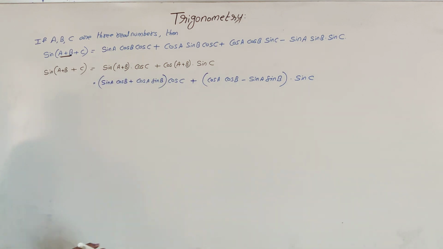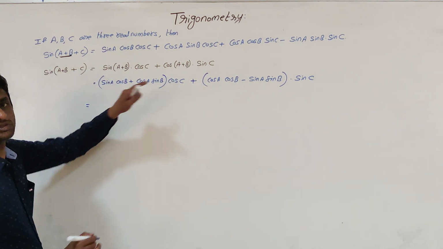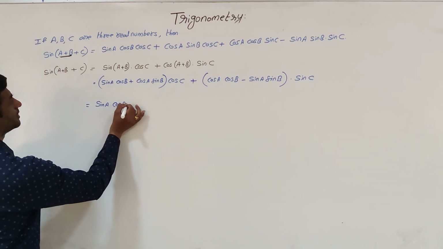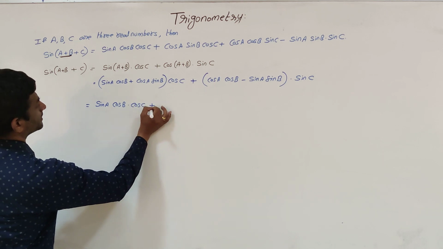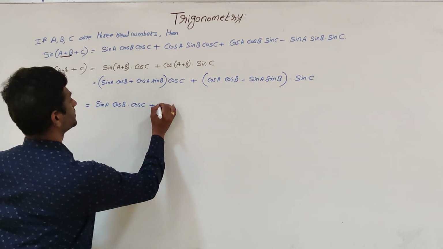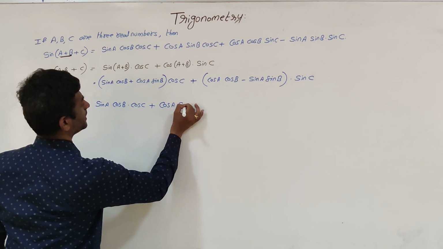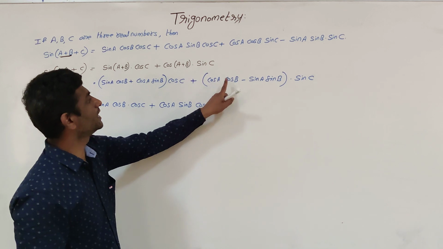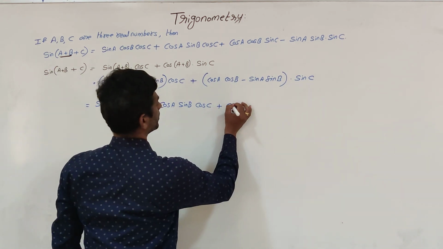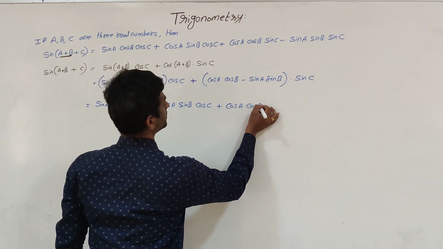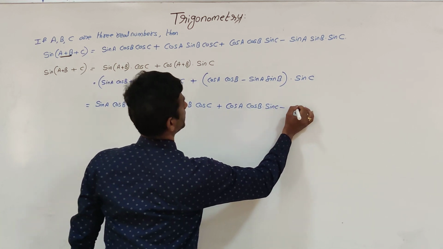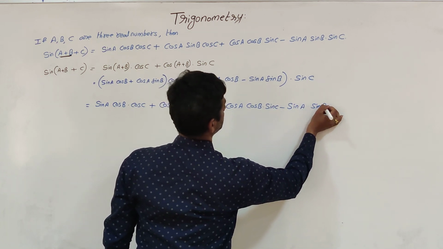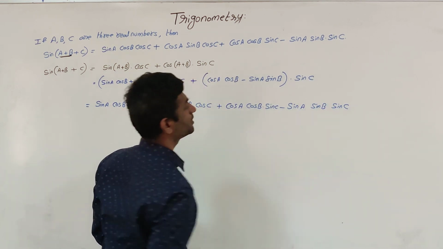Now expand: sin A cos B cos C plus cos A sin B cos C plus cos A cos B sin C minus sin A sin B sin C. So this is the sin of A plus B plus C.